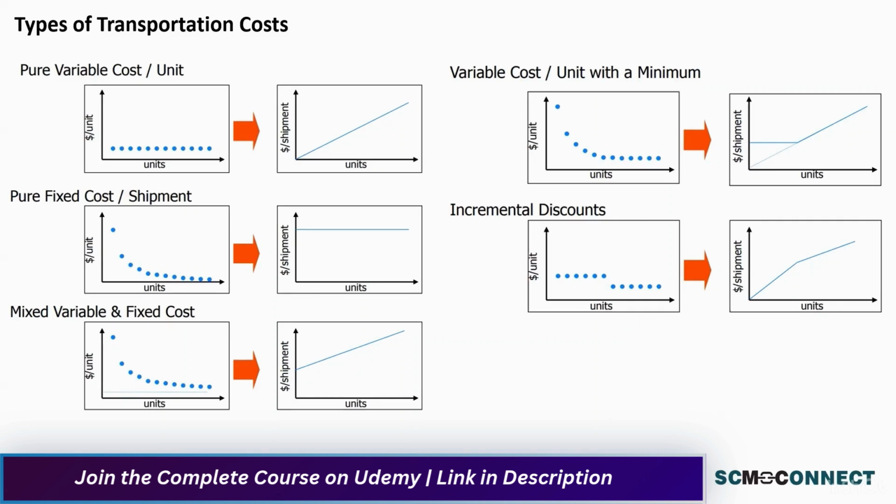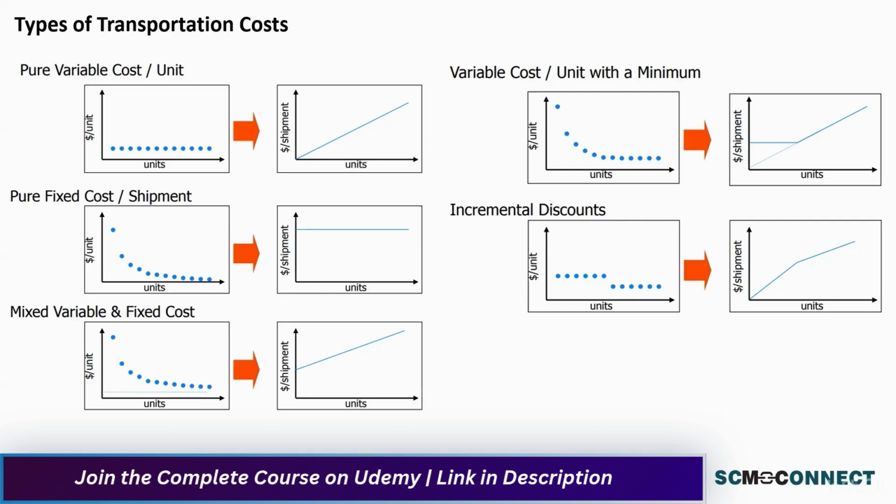Then third is a mixed variable and fixed cost. So it's a hybrid model. You'll have some bit of fixed cost and some bit of variable cost. Typically in India, the practice for full truckloads is a mix of variable and fixed cost, a combination of the first and the second scenario.